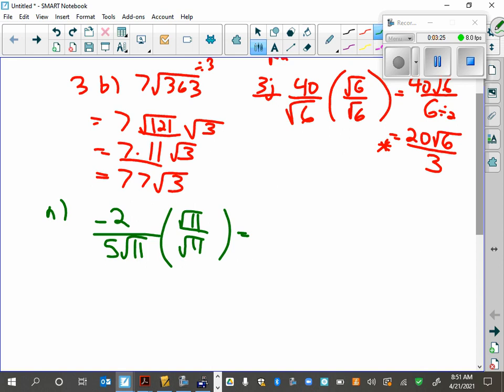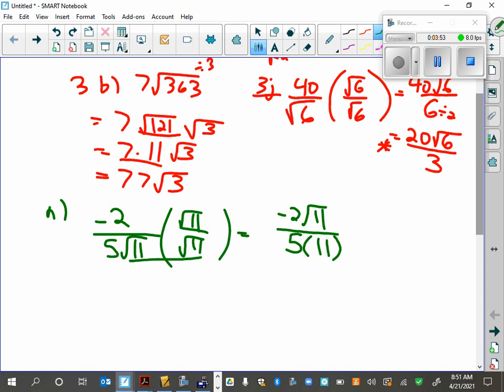And now multiply the bottom, top times top, and the bottom times bottom. If you have a number times a radical, you can't multiply numbers and radicals, you just push them together. 3 times radical 5 is 3 radical 5. That's what 3 radical 5 means, 3 times radical 5. So negative 2 radical 11 is just that, and then the 5 is here, and then radical 11 times radical 11 is what?